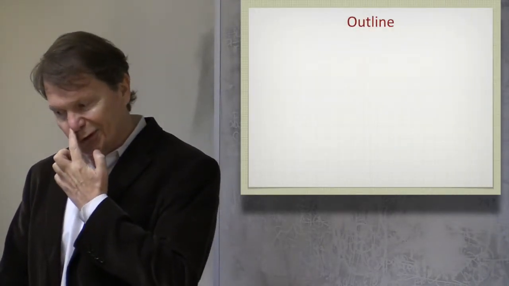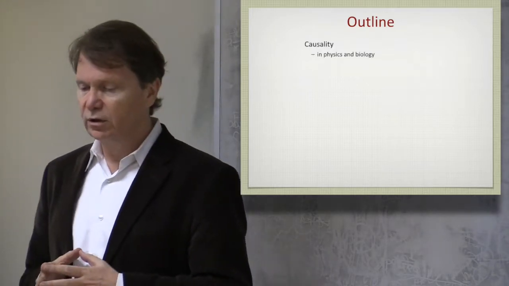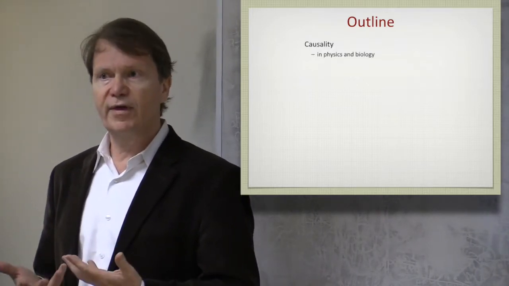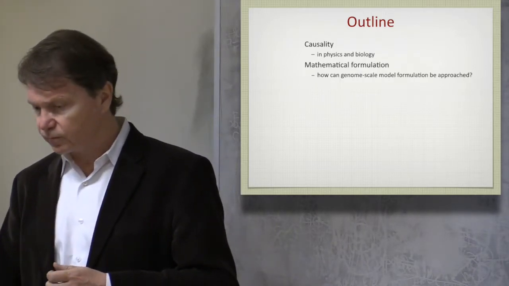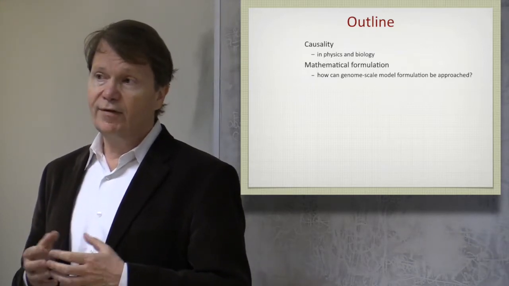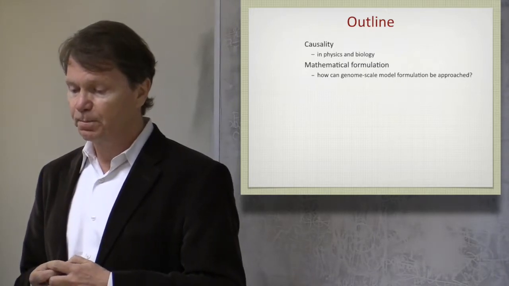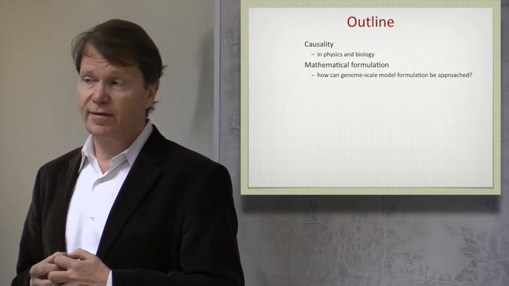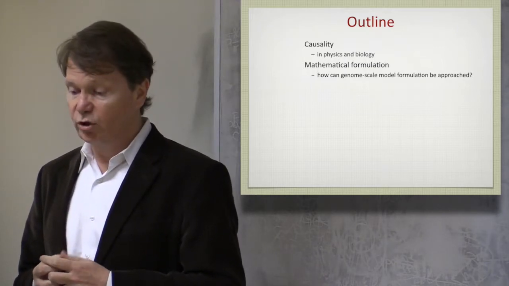All right, so what are we going to talk about? I'm going to start out by talking a little bit about causality or causation and how we think about causation, both in physics and in biology. Then, having outlined what the causality is we have to deal with, we have to think about how to mathematically represent it and formulate genome scale models.